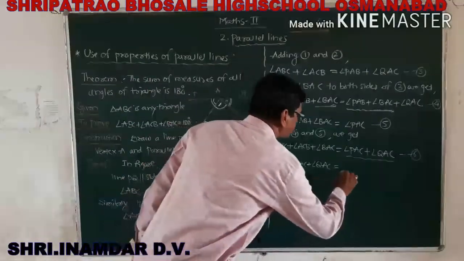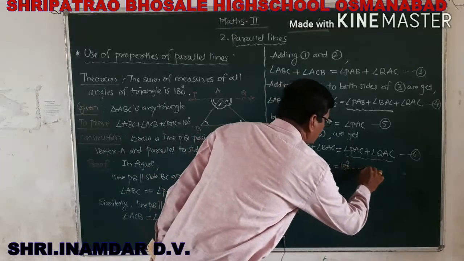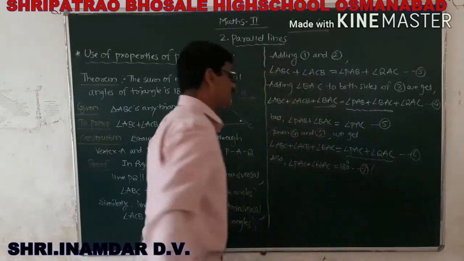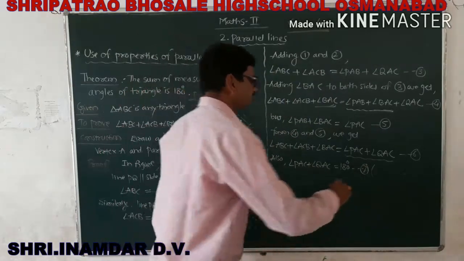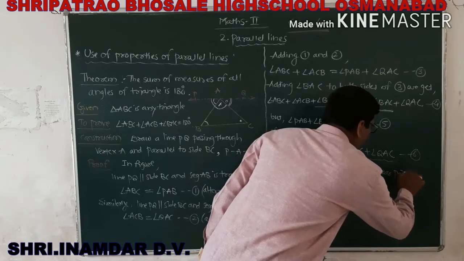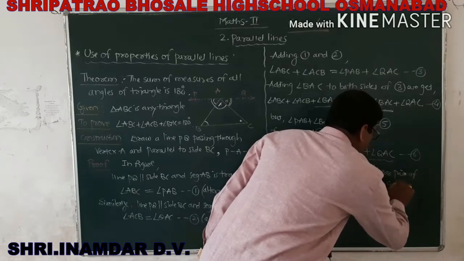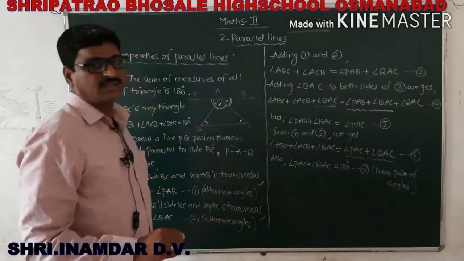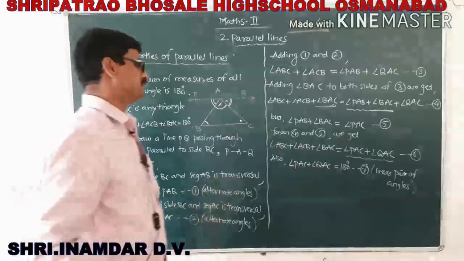So we take the sum of these two angles is equal to 180 degrees. So this is number 7, and write the reason. What is the reason? Linear pair of angles, or we write angles in a linear pair, anyone.